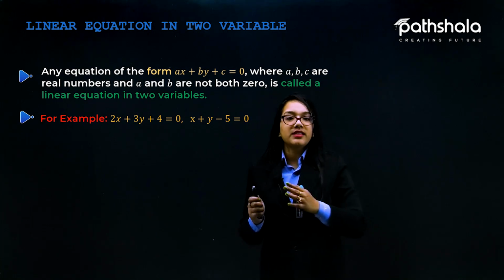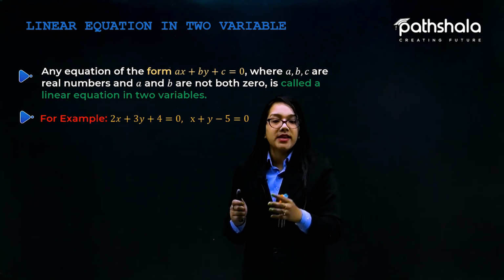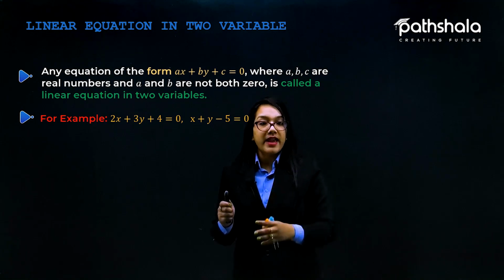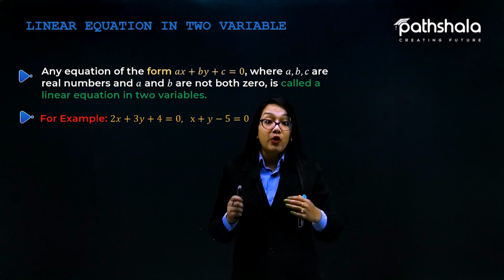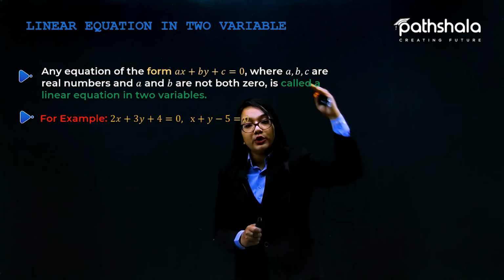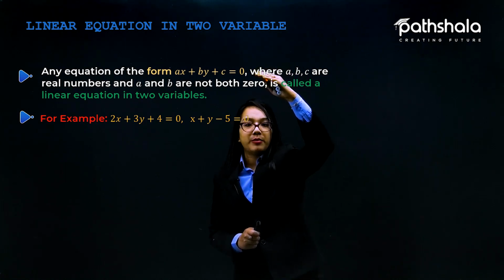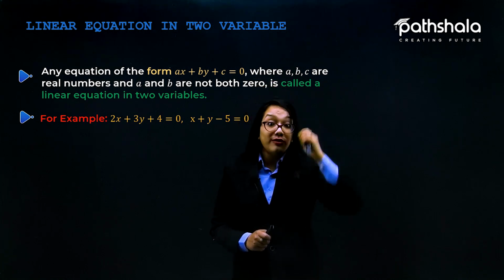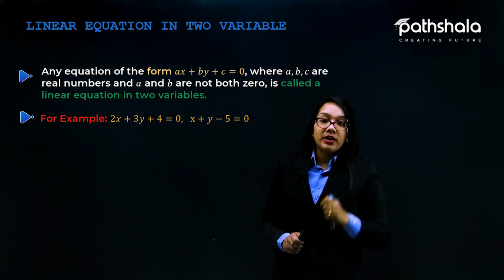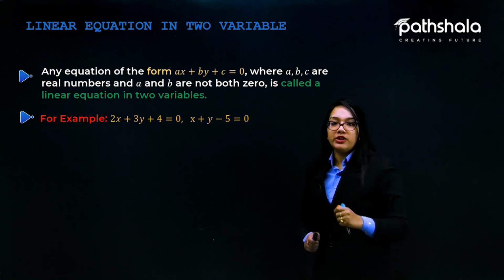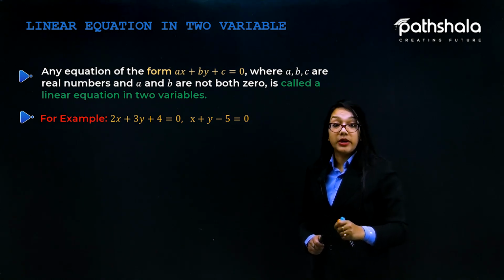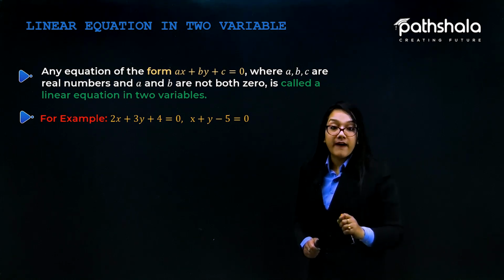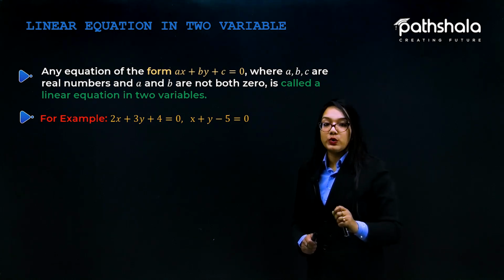Furthermore, the previous equations, x plus y is equal to 10 and x minus y is equal to 2, are also linear equations in two variables, because we can express them in the form ax plus by plus c is equal to 0. So always remember, the general form of the linear equation in two variables is ax plus by plus c is equal to 0.